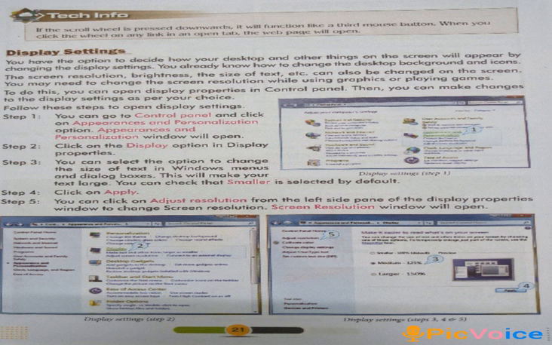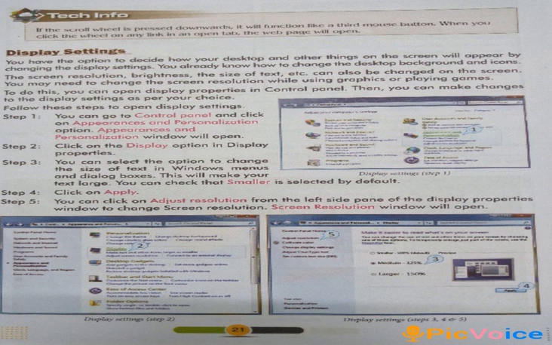You may need to change the screen resolution while using graphics or playing games. To do this, you can open Display Properties in Control Panel. Then you can make changes to the display settings as per your choice.